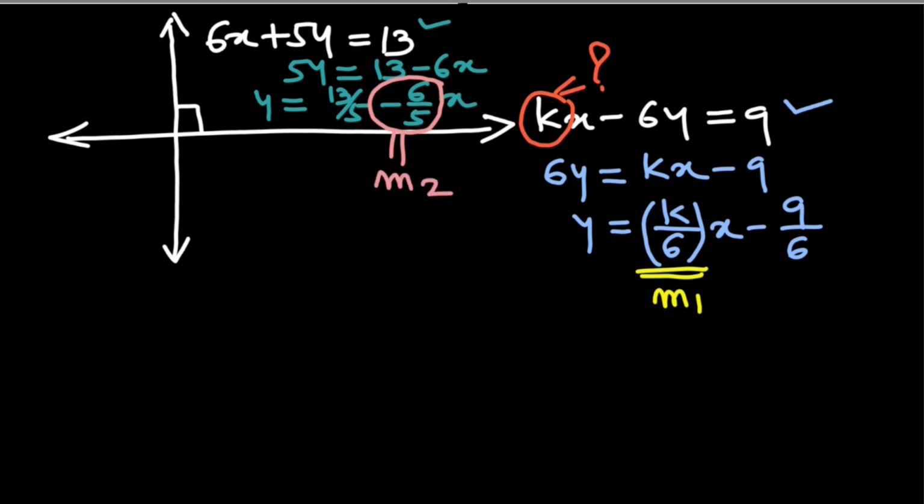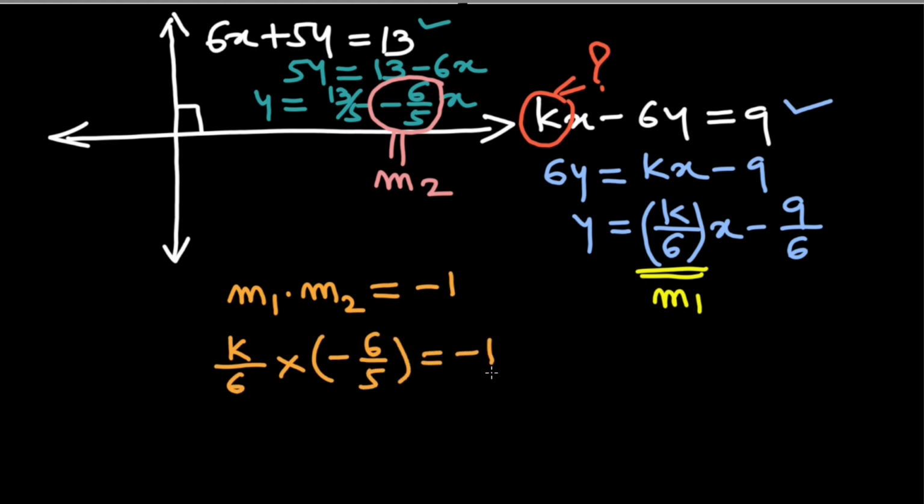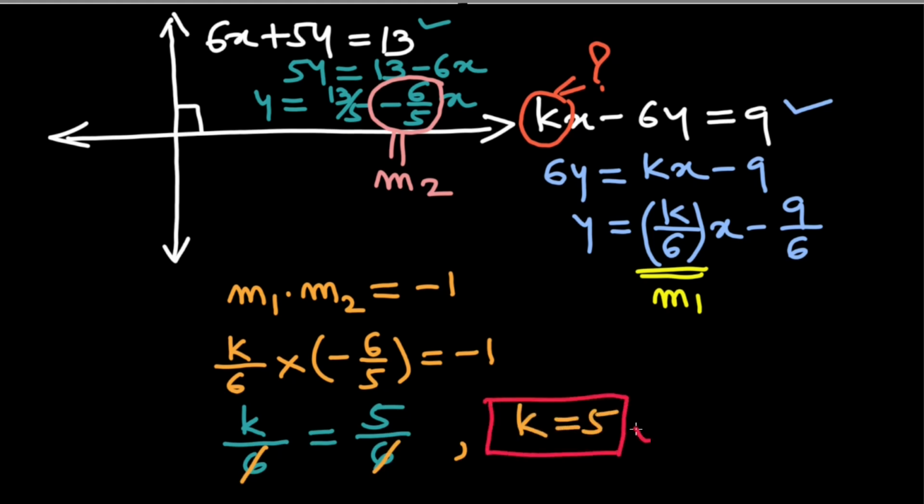Now since these two lines are perpendicular, we write the product of their slopes, m1 multiplied by m2 equals minus 1, that is k by 6 multiplied by minus 6 by 5 equals minus 1. That will be k by 6 equals 5 by 6. This 6 gets cancelled and we get k equals 5. So this is the value of k.